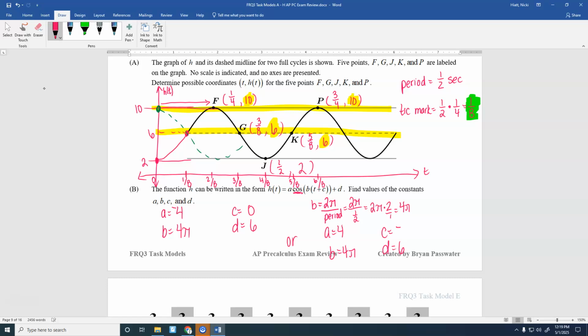So you could put negative 1/4 for your C. Or technically positive 1/4 because you could shift it the other direction as well. You don't want to have both of them. You want to have just a single answer for every letter. But either one of these answers could be correct.